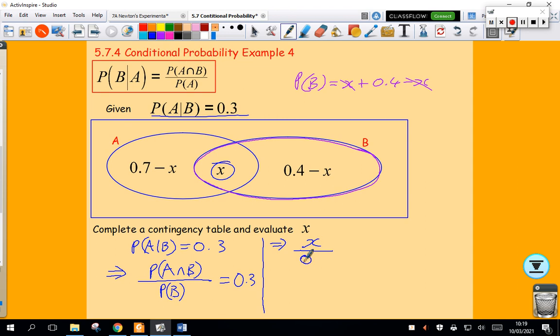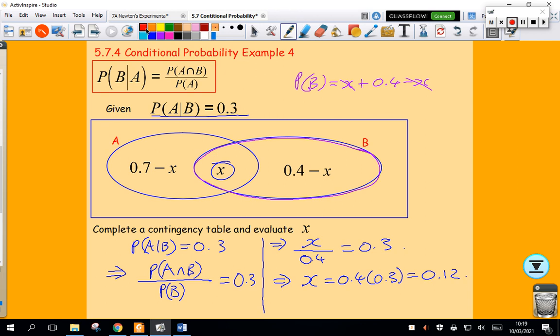So X divided by 0.4 is equal to 0.3. Solving, multiplying on both sides by 0.4, X is going to equal 0.4 times 0.3, which is going to be 0.12.